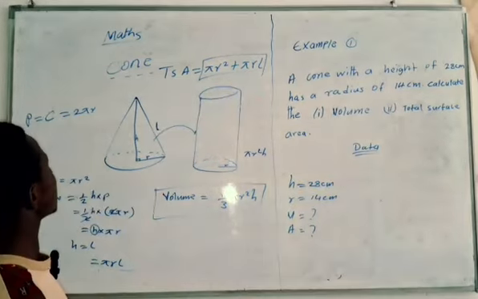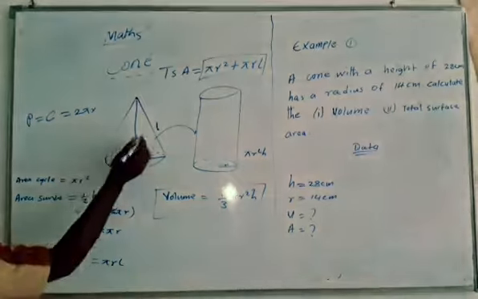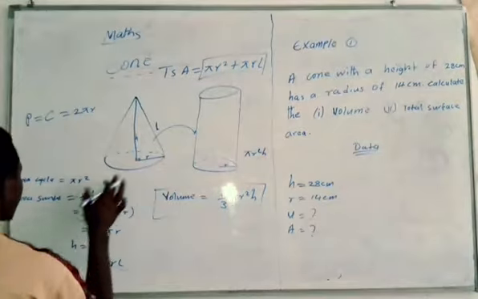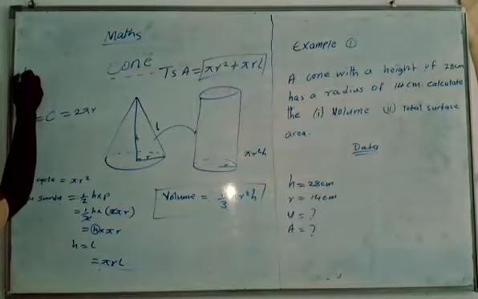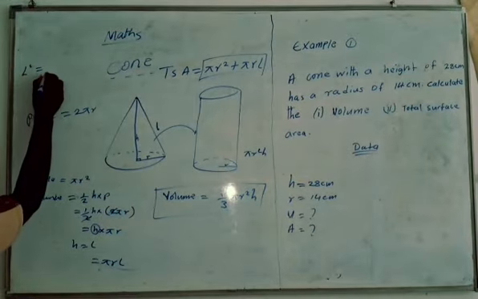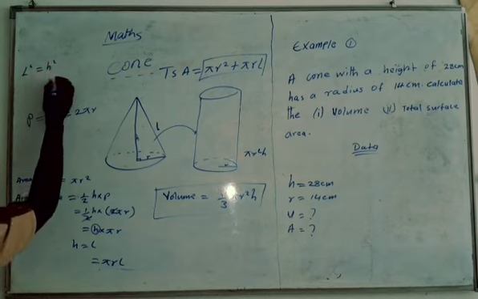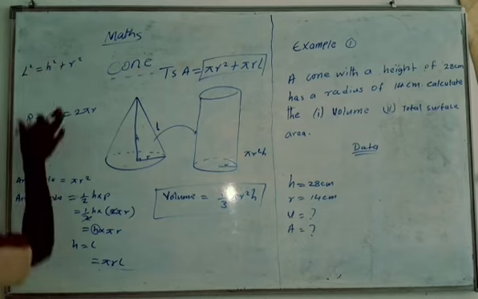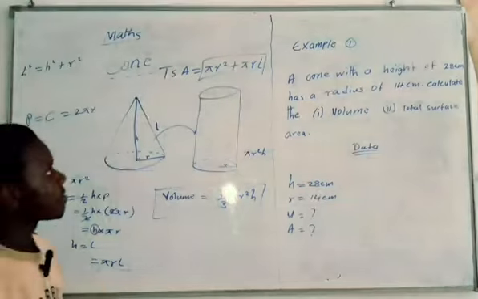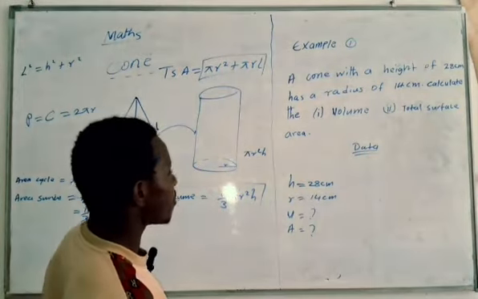So definitely, if you remember from the beginning where I got the right angle triangle from the Pythagoras theorem, we said L square is equal to H square plus R square. So we can apply this to find L.